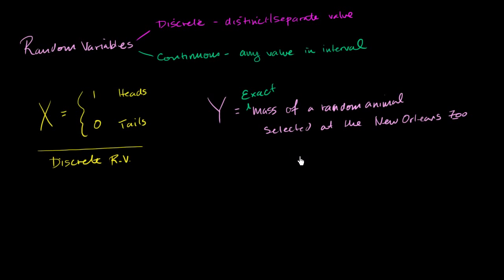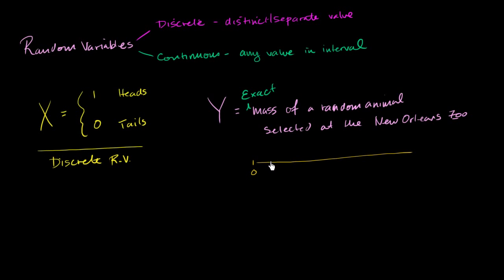I mean, who knows exactly the number of electrons that are a part of that object right at that moment? Who knows the neutrons, the protons, the exact number of molecules in that object or part of that animal at exactly that moment? So that mass, for example, at the zoo, might take on a value anywhere between, well, maybe close to 0. There's no animal that has 0 mass, but it could be close to 0 if we're thinking about an ant or a dust mite or maybe if you consider even a bacterium an animal.